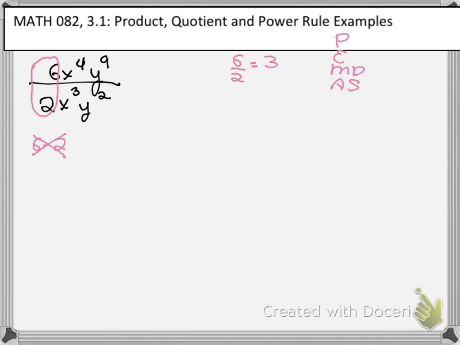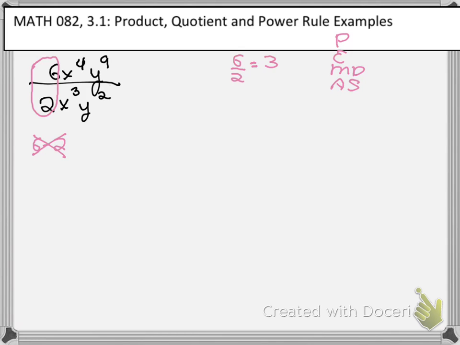Okay? But with the addition of this new information and these new rules, all of a sudden, we start treating regular old numbers as exponents. They're not exponents, they're just coefficients. They're just regular old numbers. So 6 divided by 2 is 3. Not 4, it's 3. Okay, so let's proceed.